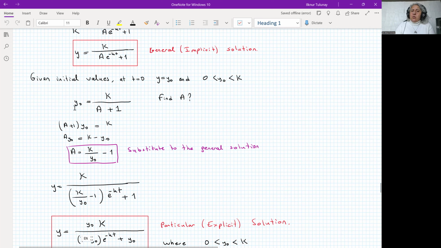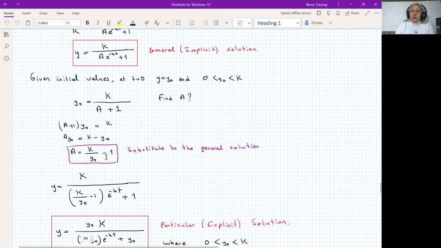Y0 is a constant, and we can multiply this to here. A plus 1 times y0 is equal to k. So we have a y0, and that plus y0 will go to the other side. We want to find out a, so y0 will go to the other side of the equation. We will have a equals k over y0 minus 1. So this is the constant.